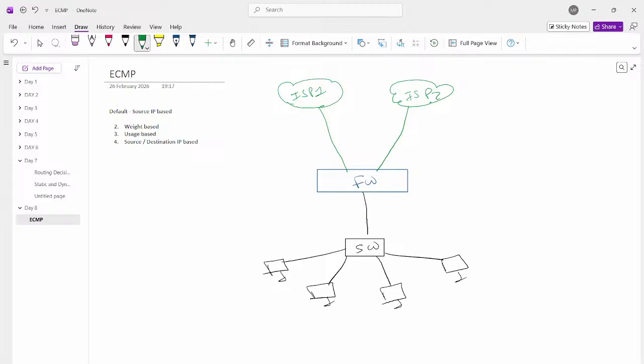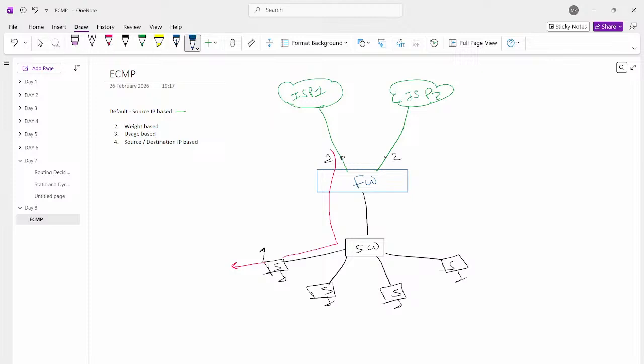Now what is the default mode? Source IP based, which means suppose these are our source users, right? If he is initiating traffic and FortiGate decided his exit interface as ISP1, okay, this is ISP1, this is ISP2. So whenever he initiates traffic, his traffic would always be going from ISP1 only.